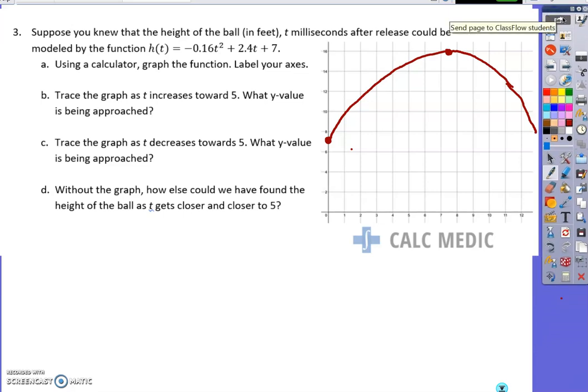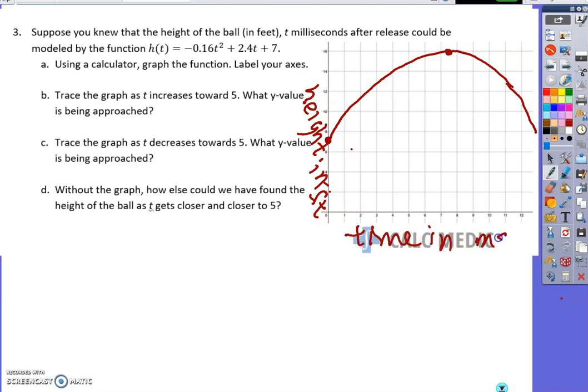Using the calculator graph, label your axes. So our axis, this is height in feet. This is time in milliseconds, ms. It's very important that we have our units.